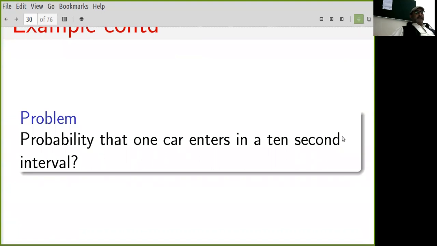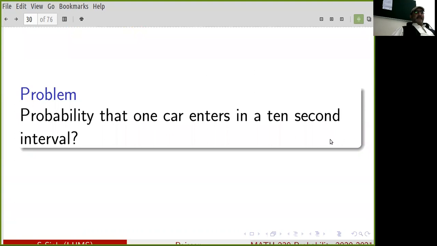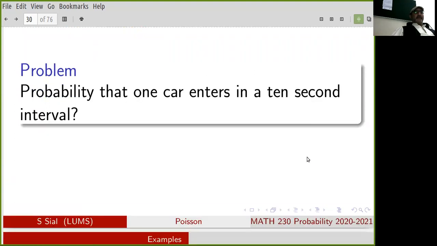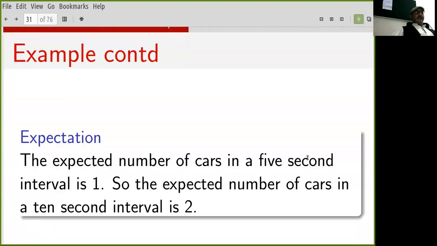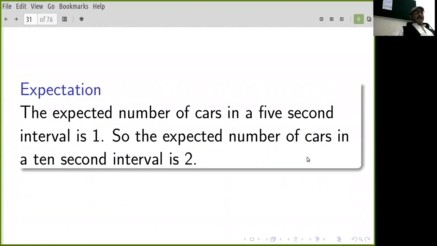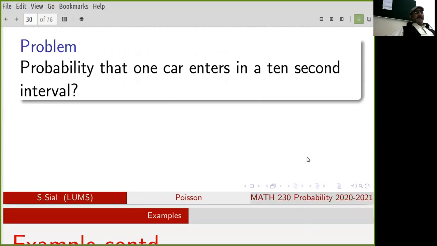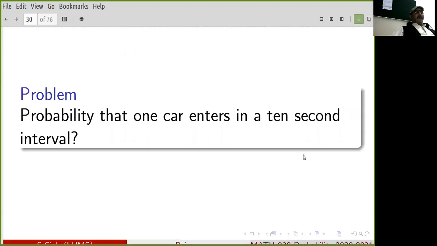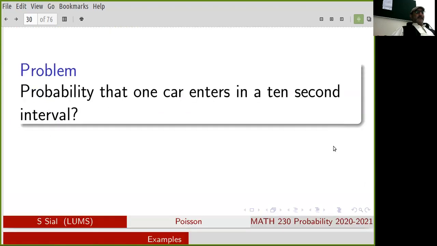Supposing that our data said that 1 car enters in a 10-second interval on average. Okay. So okay, we want the probability that 1 car enters. Sorry, okay, I messed up there.